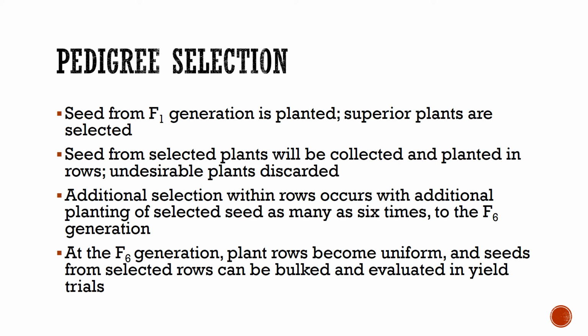So if you've read, you know that the F1 generation is important within the pedigree selection. So we have to look at the F1 generation that is planted and how its superior plants are then selected. So we're taking out the F1 plants that are actually doing well. They are doing well within the climate and the weather, whether it's a drought or there's too much water, whatever that might be, it's doing well within that climate.